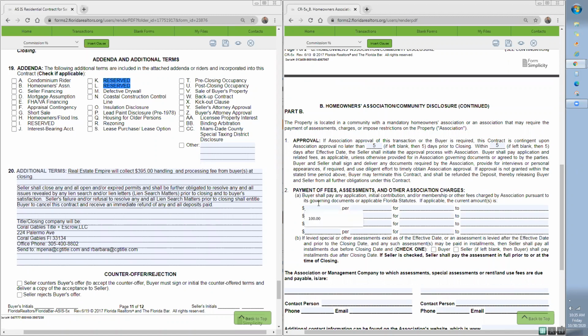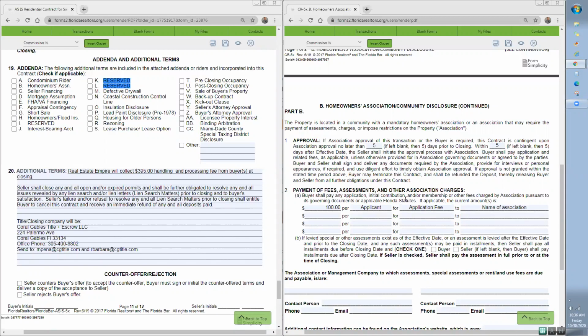So the application fee could be $100, right? $100 per applicant for application fee to name of association, right? See what I did there?